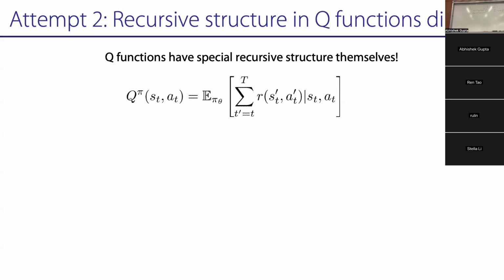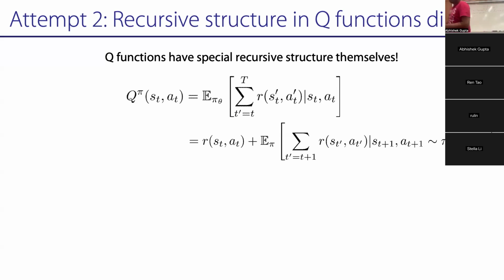Okay? So the Q function, as you remember, is starting from state S_t, take your first action A_t, and then follow your policy. We're trying to say there exists a recursion which goes directly from Q to Q, right? And so we're going to try and derive that recursion. A Q function is the first reward plus the expected sum of rewards in the future, right?